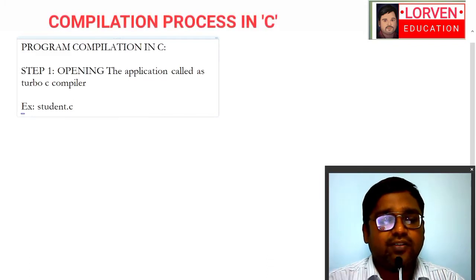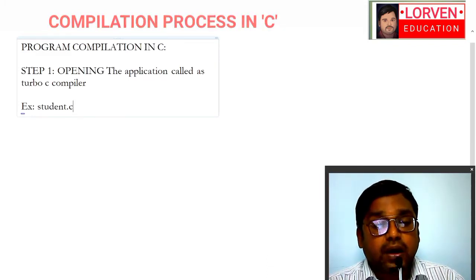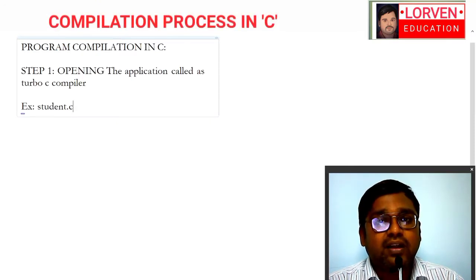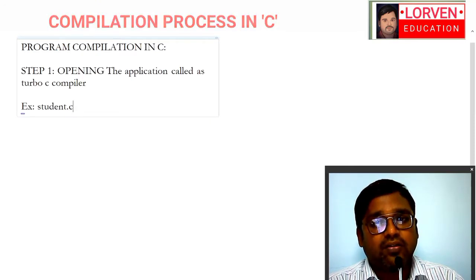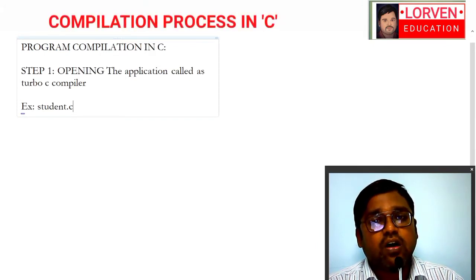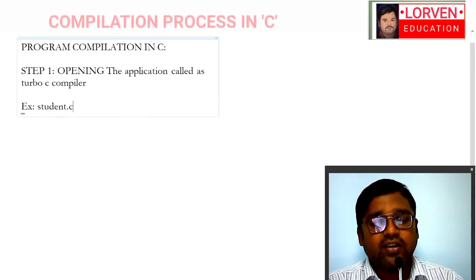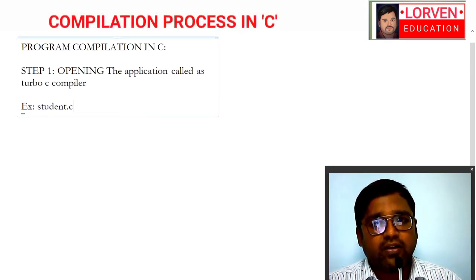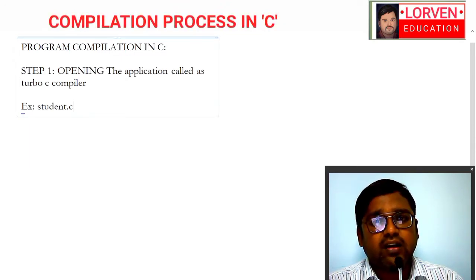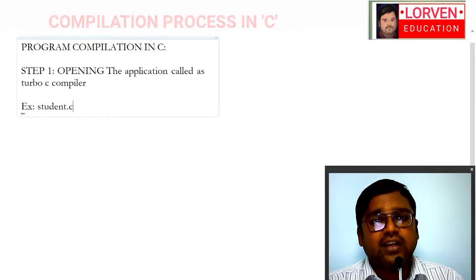When you are saving the file, the first part before the point is called the name of the file, and the second part, that is the dot and c, is nothing but the extension or the format of the file. If you write .c, it is a C programming file. If you write .cpp, it is a CPP programming file. If you write .java, it is a Java programming file.